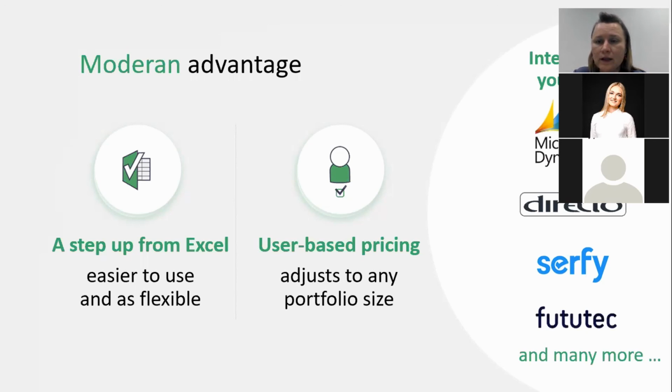And then, of course, the integrations. In today's world, all the machines need to talk to each other, so you don't have to do a lot of manual typing again. So this is why we work with a lot of different software providers that are covering aspects which Moderan is not covering. So for example, accounting.